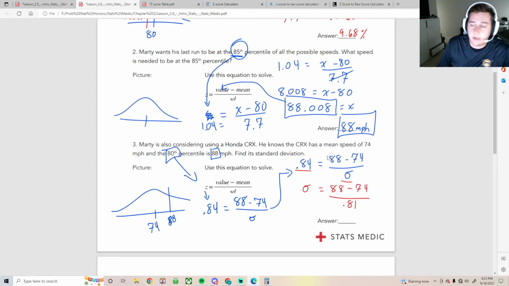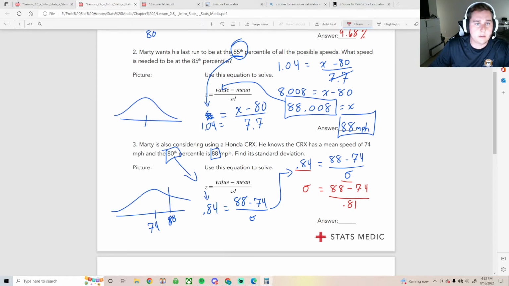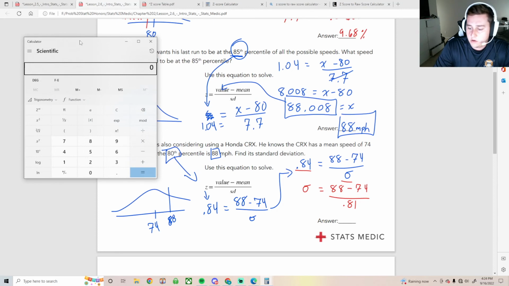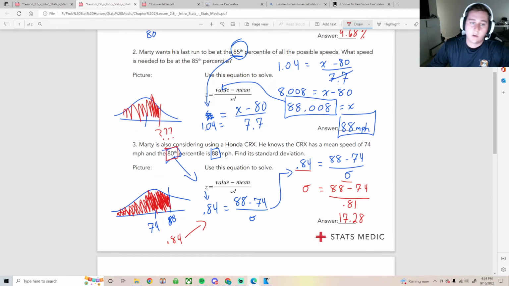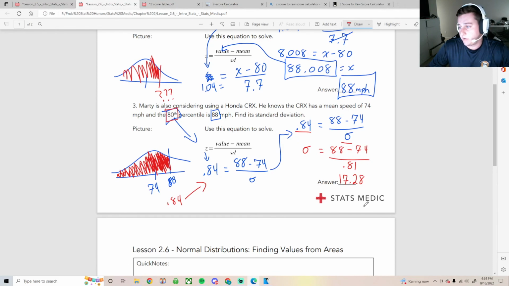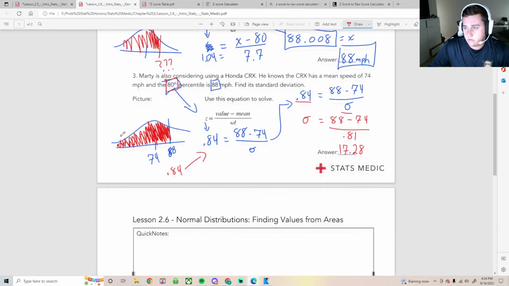And then you just calculate it like this. So let's grab a calculator. So now we take 88 minus the 74, divide it by 0.84. Your calculator will spit out this answer here, and then that's the end of that problem.